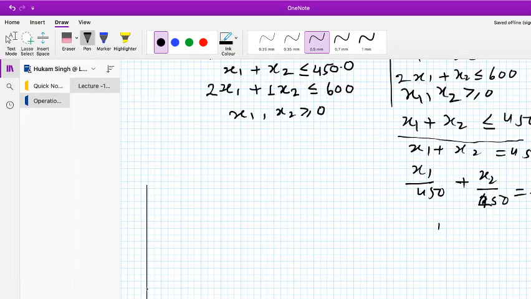Similarly here, this is 100, 200, 300, 400, 500. So 450 will lie somewhere here, and similarly 450 will lie somewhere here. So we're going to join these 2 points with the help of a line.